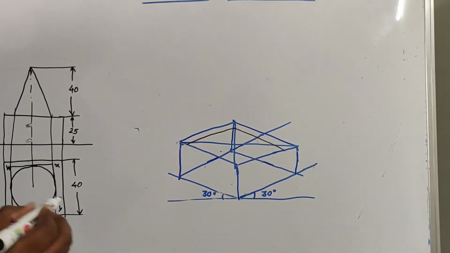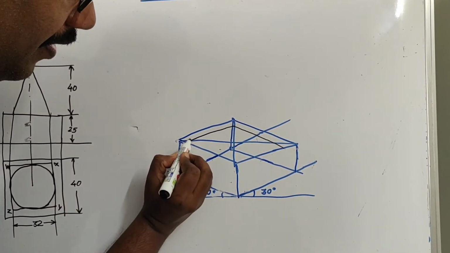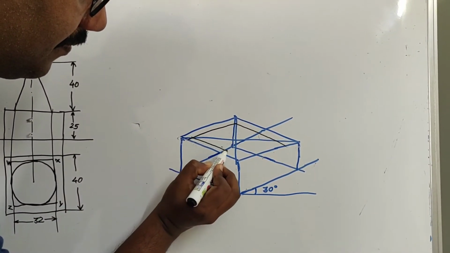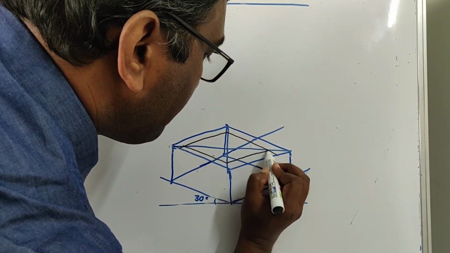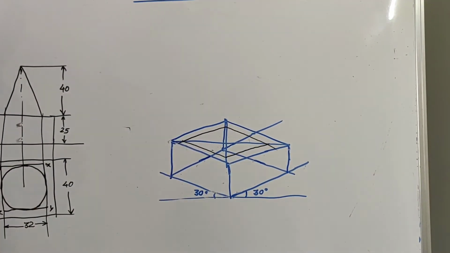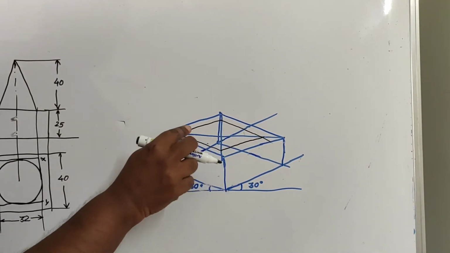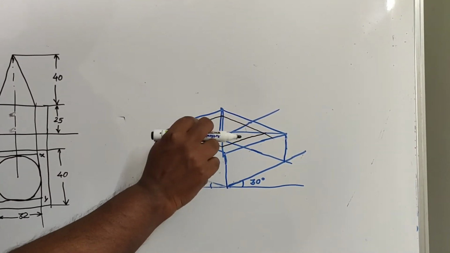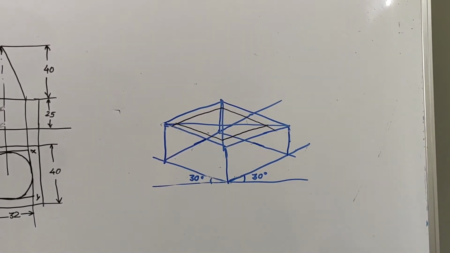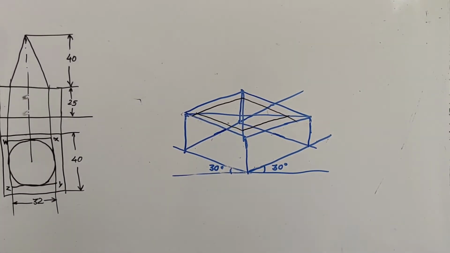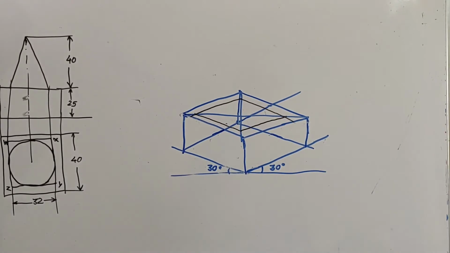Now here you will get, okay, so inside this you will get the base of the cone. That is what we are going to draw next. How to draw the base? You know the 4 center method, isn't it?